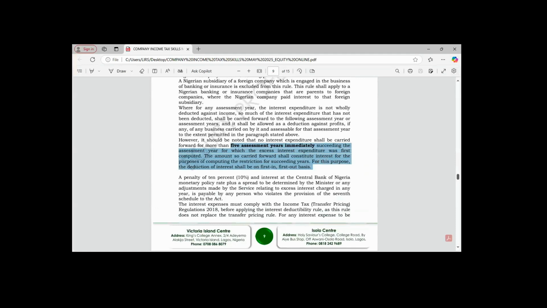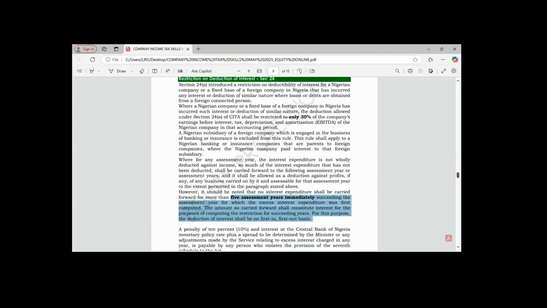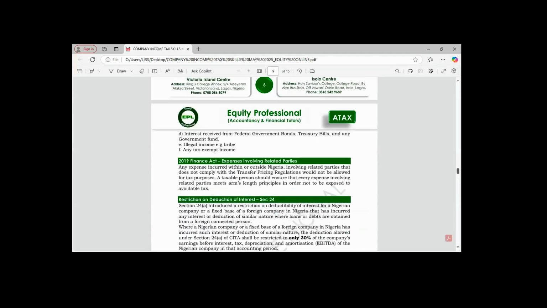So what that means is that if you are giving a loan, and the interest on that loan is between related parties, a parent company borrowing the subsidiary's money, or a subsidiary borrowing their parent's money, it is not the total interest amount that will be allowable.